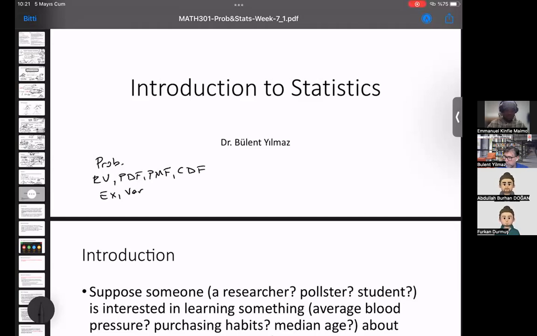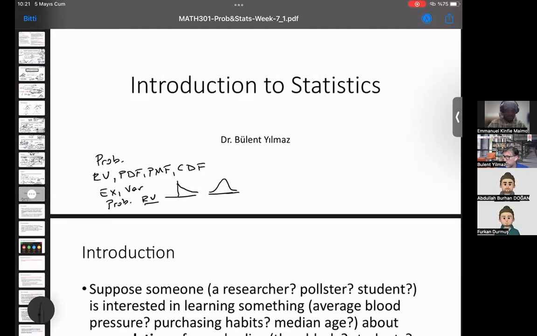We had different distribution types: exponential distribution, normal distribution from the continuous random variables, and in discrete random variables, Bernoulli distribution, Poisson distribution, and so on. So these distributions of random variables will be important for the statistics part.